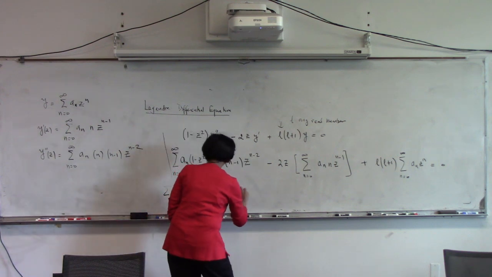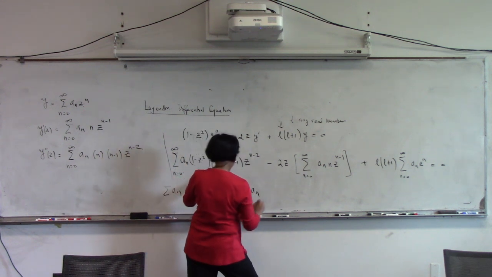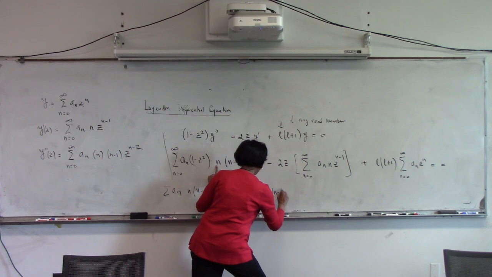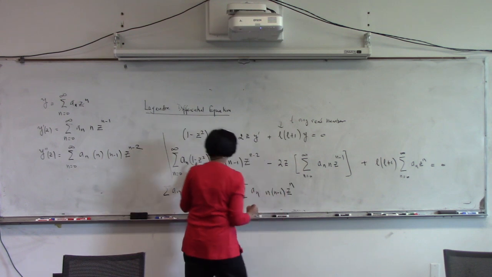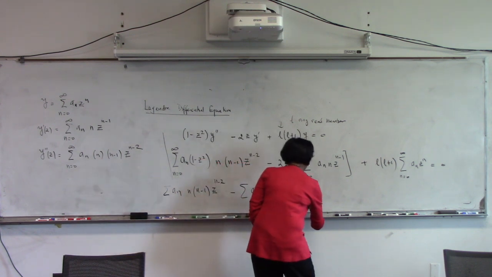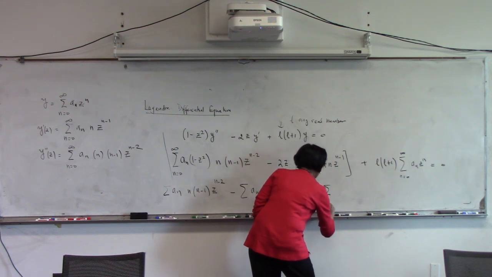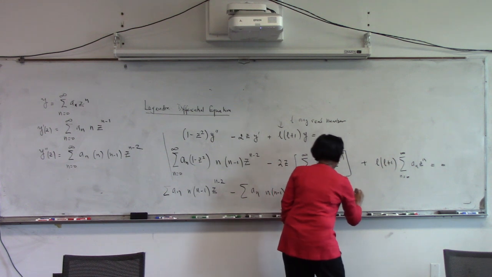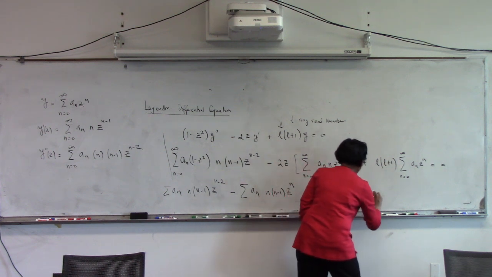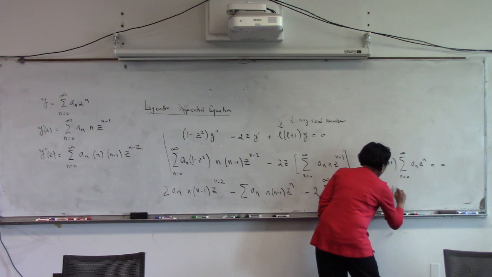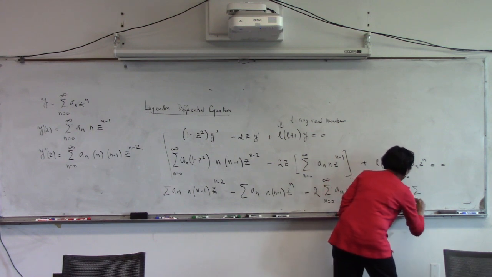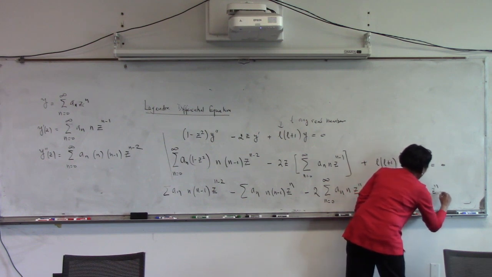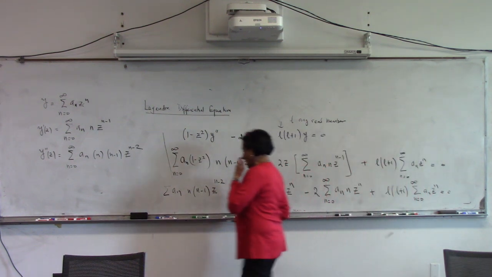Negative a sub n, n times n minus 1, z to the power n, because this is z squared, minus 2 times n a sub n, z to the power n, plus L times L plus 1, n going from 0 to infinity, a sub n, z to the power n equal to 0.